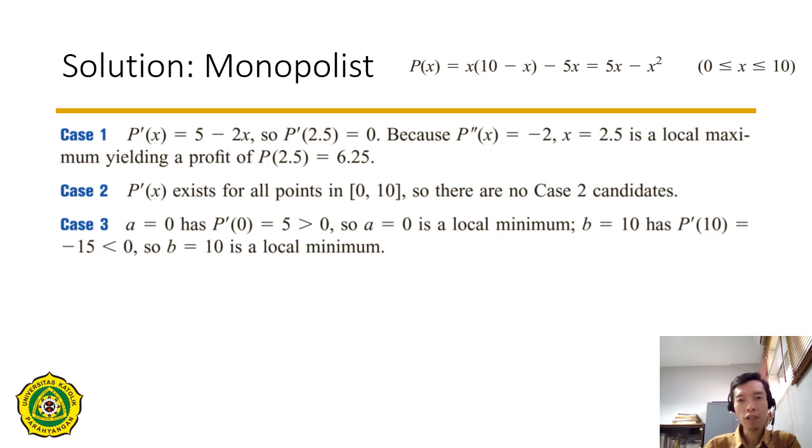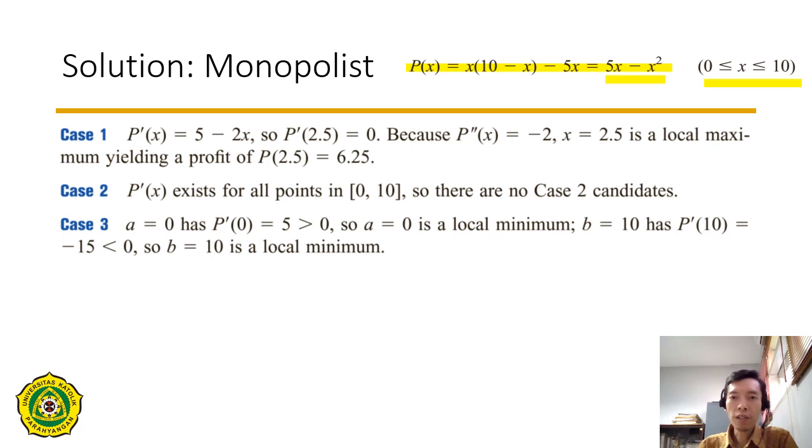So we have a function up here that we want to maximize, 5x minus x squared, and the constraint for x is between 0 and 10. The first case says that we need to check the stationary points. A stationary point means that the first derivative of this function equals 0.